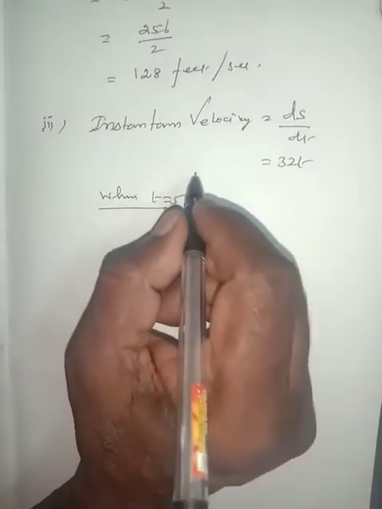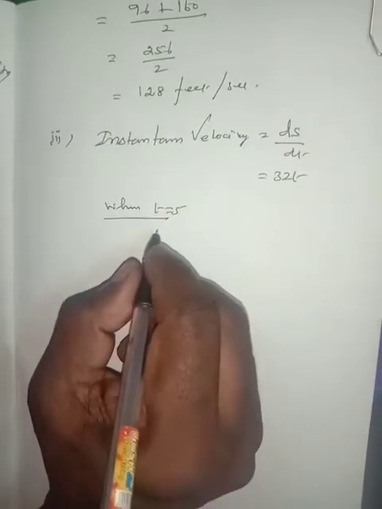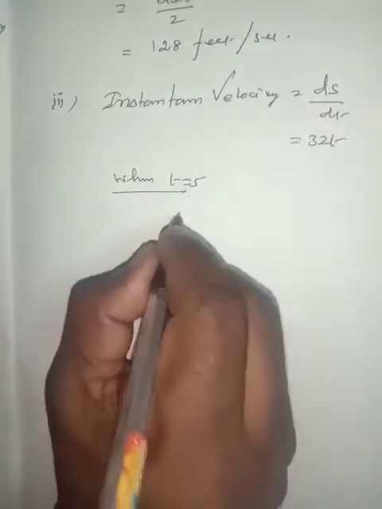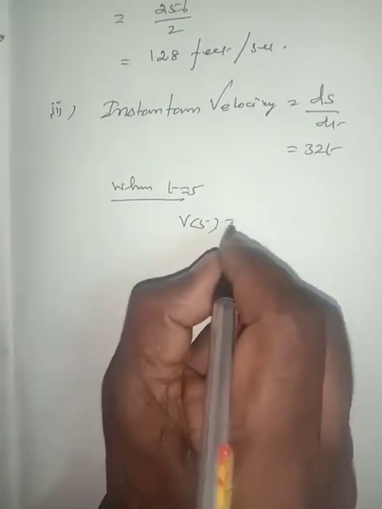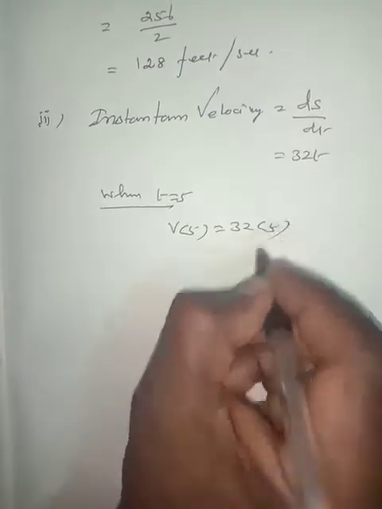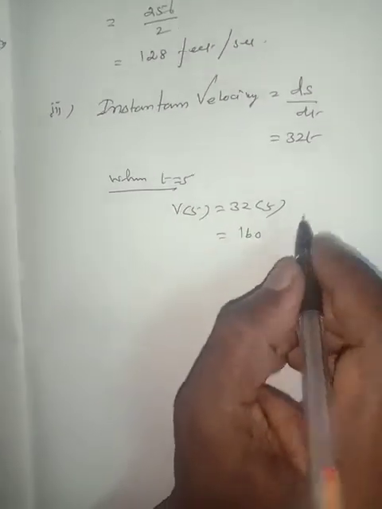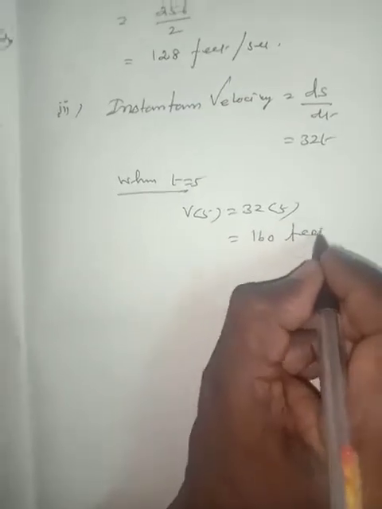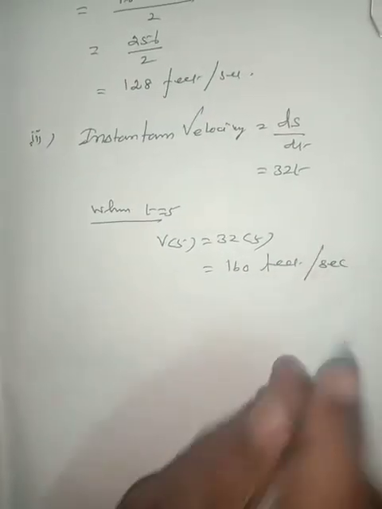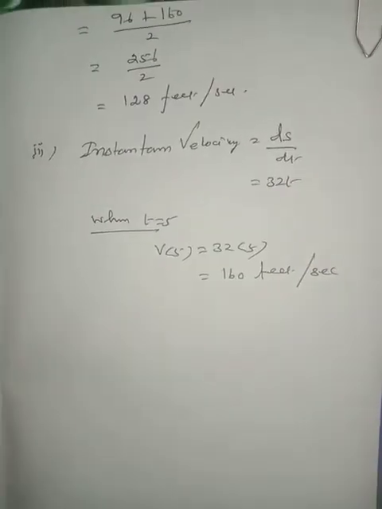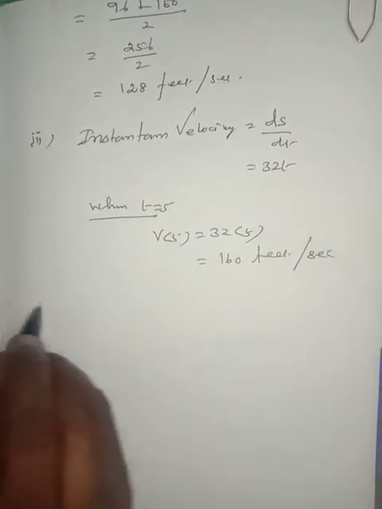So instantaneous velocity v of 5 is equal to 32 into 5 is equal to 160 feet per second.